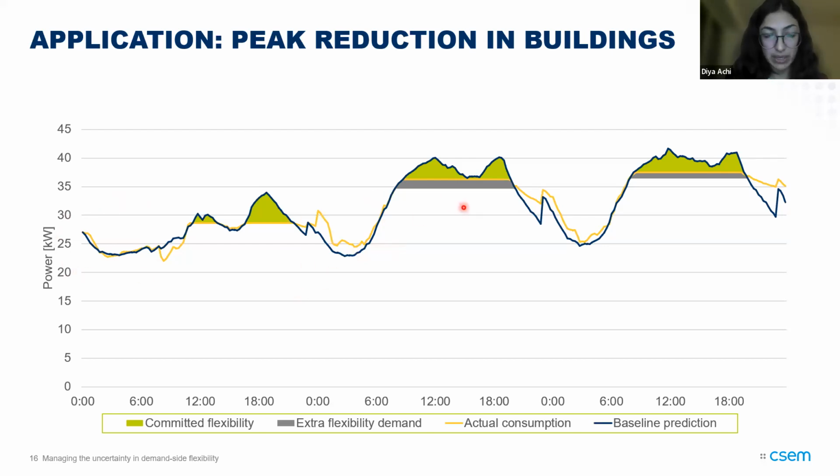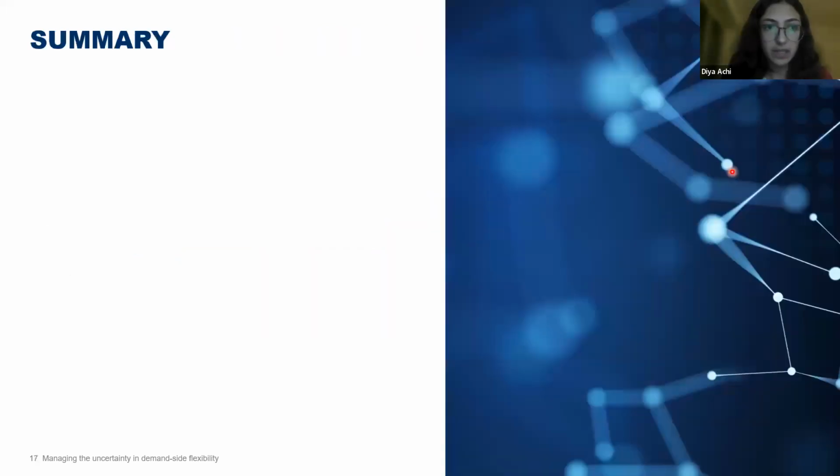And in case of a request, of course, depending on the risk level, we follow the possible feasible request in that case. And so that's a summary of the application of the solution.